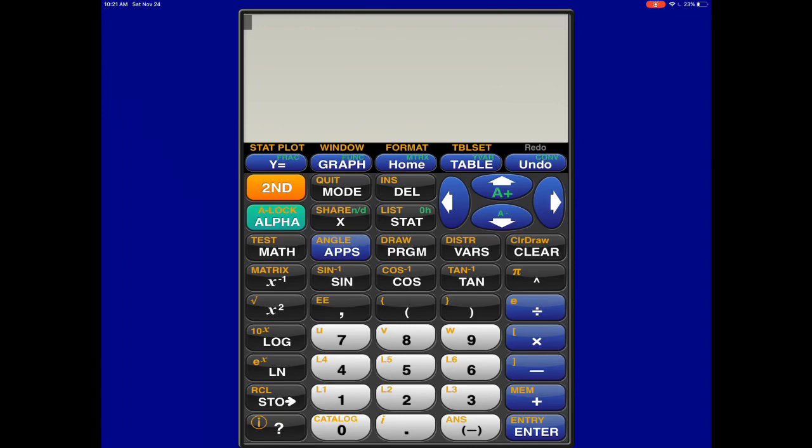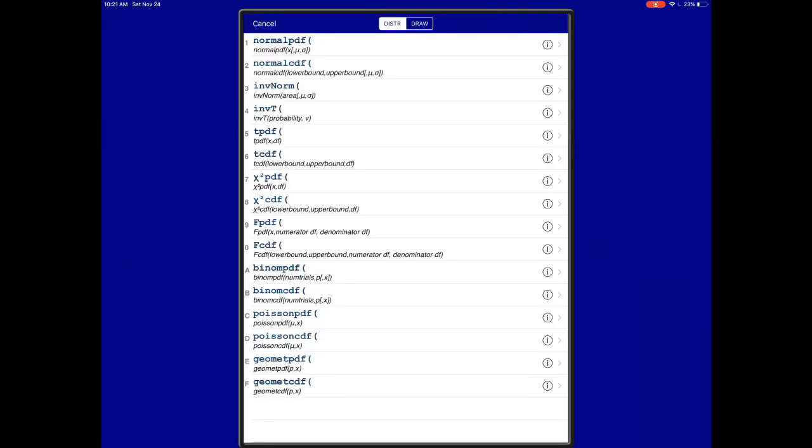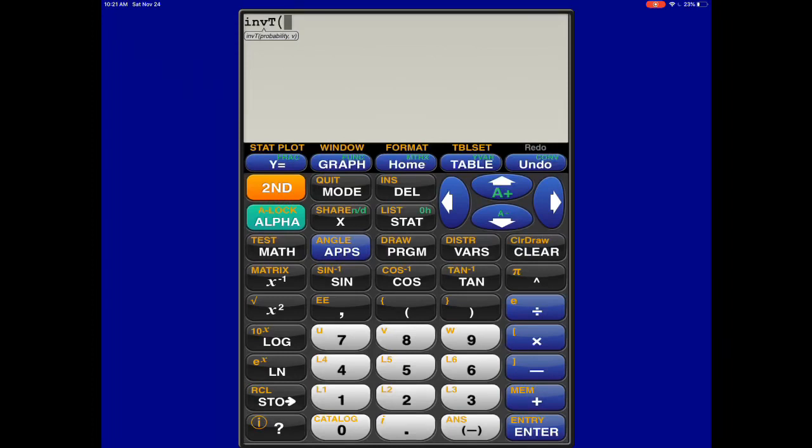So here we're going to go to second distribution, our inverse t. What we need to put in is the 0.975, comma, and our degrees of freedom. And look what we get. We get approximately 2.09.